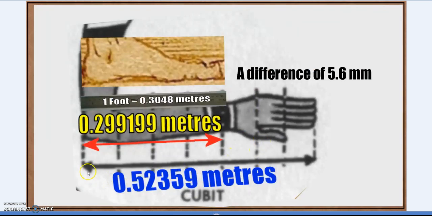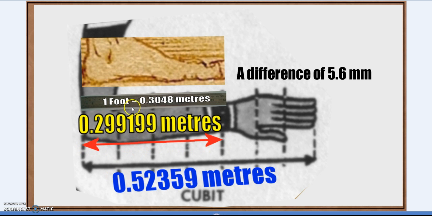Another element: the Egyptian royal cubit is divided into 7 palms. Each palm is divided into 4 fingers. So the foot relationship really comes from the elbow to the wrist. That is 4/7 of an Egyptian royal cubit, which is 0.299199 meters.